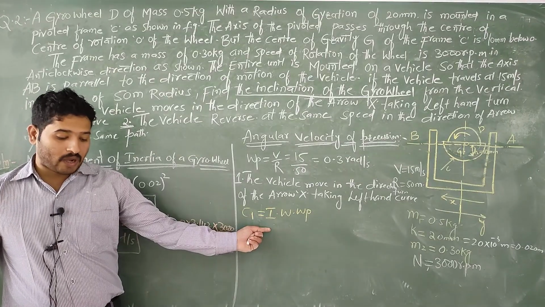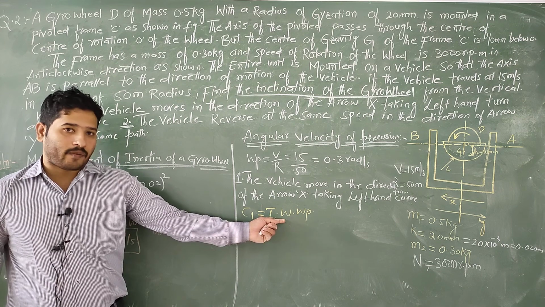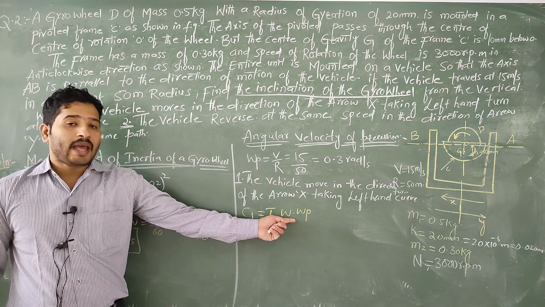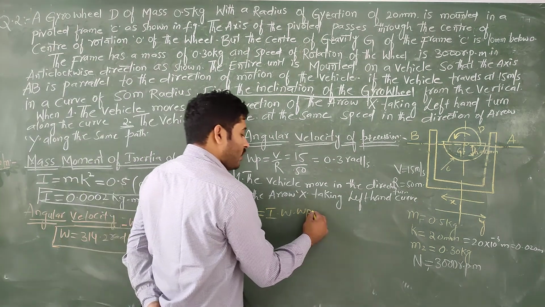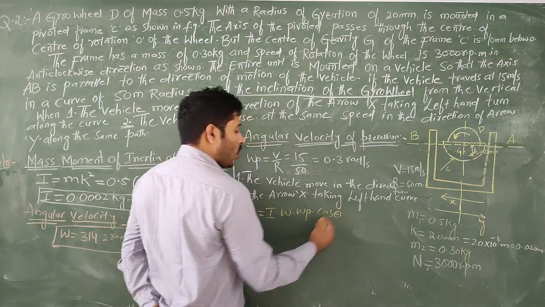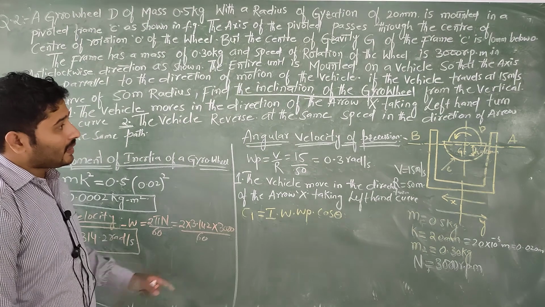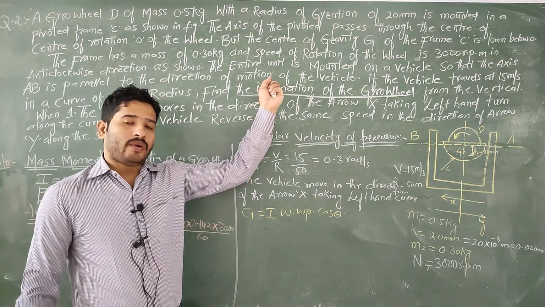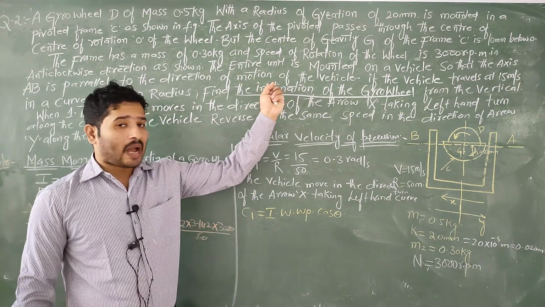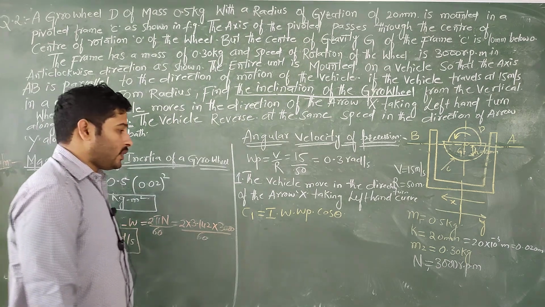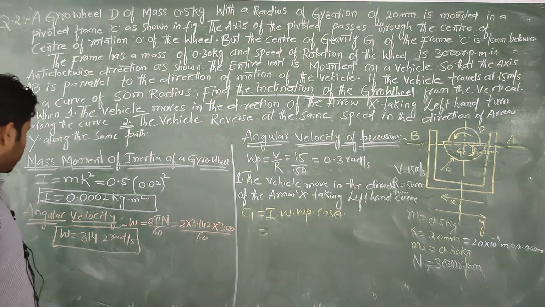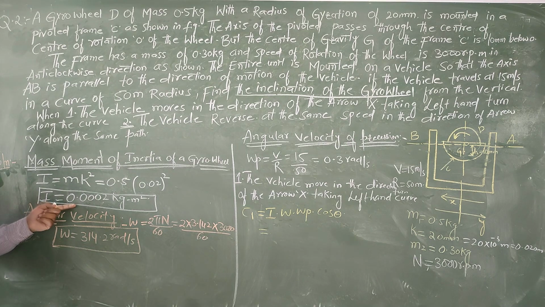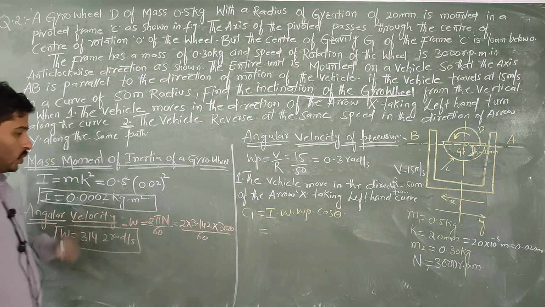I is the mass moment of inertia, omega is angular velocity, omega p is angular velocity of precession, into, we know very well the formula, cos theta. But in this case we need to find out the theta value, or the inclination value. I value is given as 0.0002.